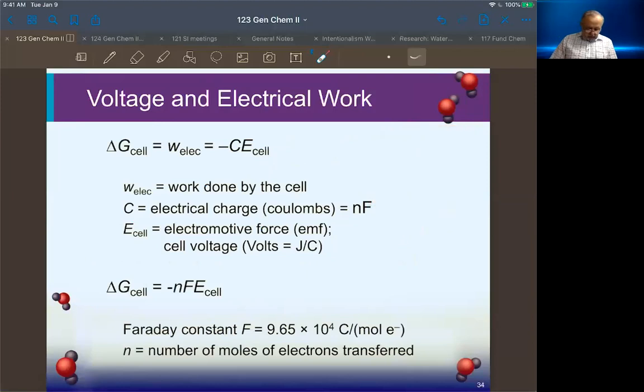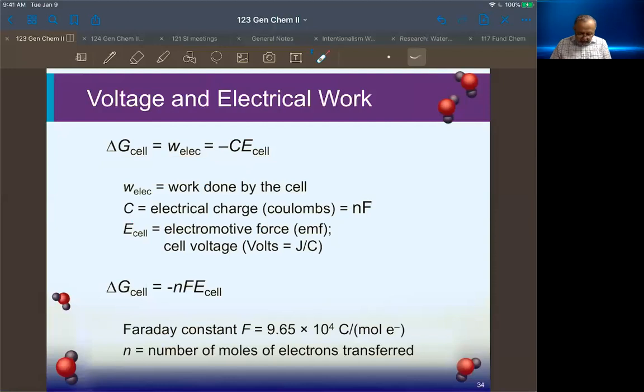Okay, so when we have a voltaic cell, the delta G is going to be usable energy, and we can do work with it. How are we going to calculate the work? We take the electrical charge times the E of the cell, and that will tell us how much work can be done.